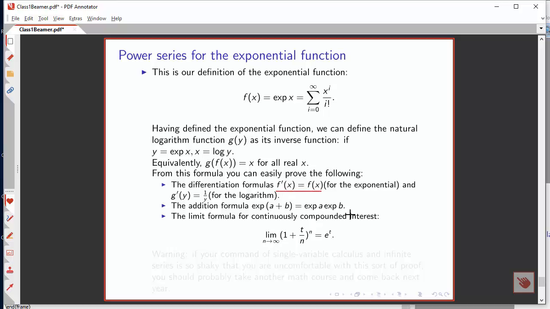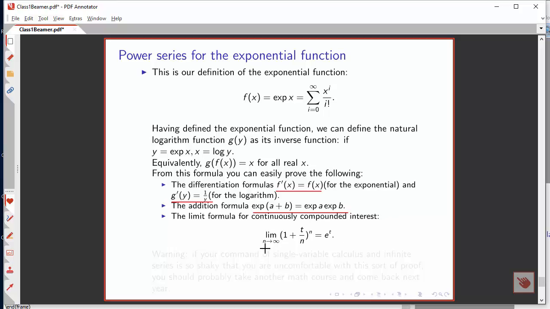First, the exponential function is equal to its own derivative, and by the formula for differentiating an inverse function in general, the natural logarithm function g of y has the property that its derivative, as you already know, is 1 over y. By clever use of Taylor series, you can prove that the exponential of a sum is equal to the product of the exponentials.